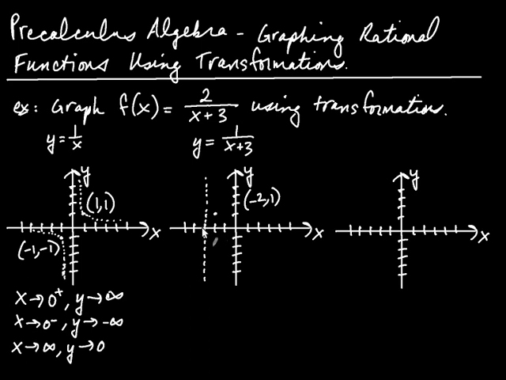So 1, 2, 3, 4. Negative 4, negative 1 would be right there. So let's label that point. And then we'll draw in the graph dotted just like before. So here's the graph. This is the right branch, and it's basically that branch just moved to the left 3 units. And likewise, if you move this branch to the left 3 units, you're going to pick up this branch right here.